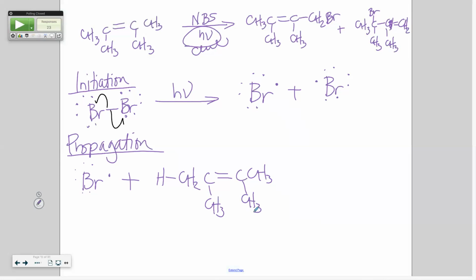Now remember that it takes 2 electrons to make a bond. So this electron is going to combine with one of the electrons from the CH bond to make a bond. And where does this electron go? It goes to that carbon, right?